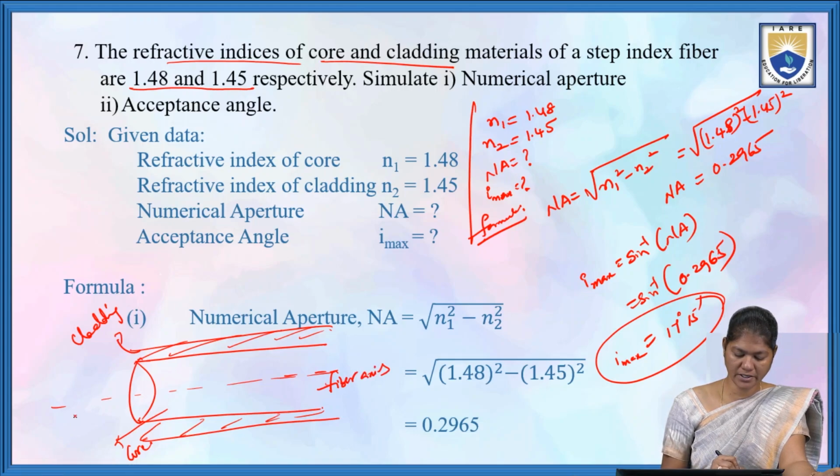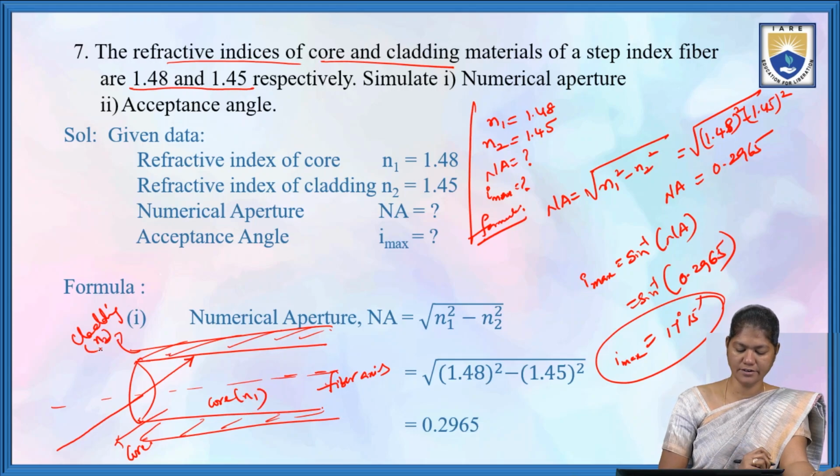So the maximum angle made with optical fiber that enters into the core. This is the core having refractive index N1. This is the cladding having refractive index N2.